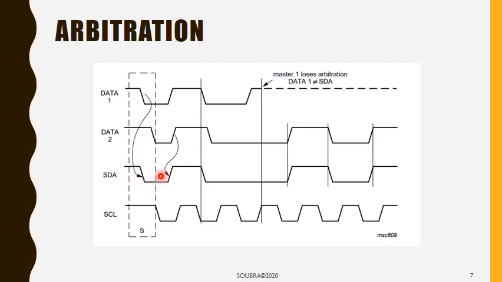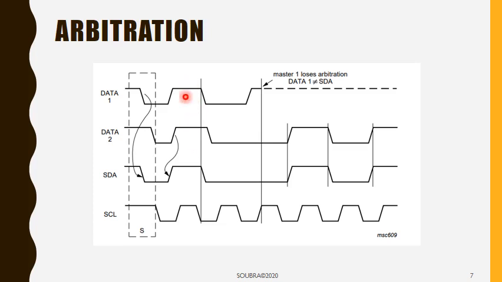What would happen next? Let's see the first bit. The first bit is only legitimate on the high period, or cycle, of the clock period. So this one is trying to send a 1, this one is sending a 1, and the result is a 1 over the high period. So we're all good. None of them can say that they lost an arbitration.